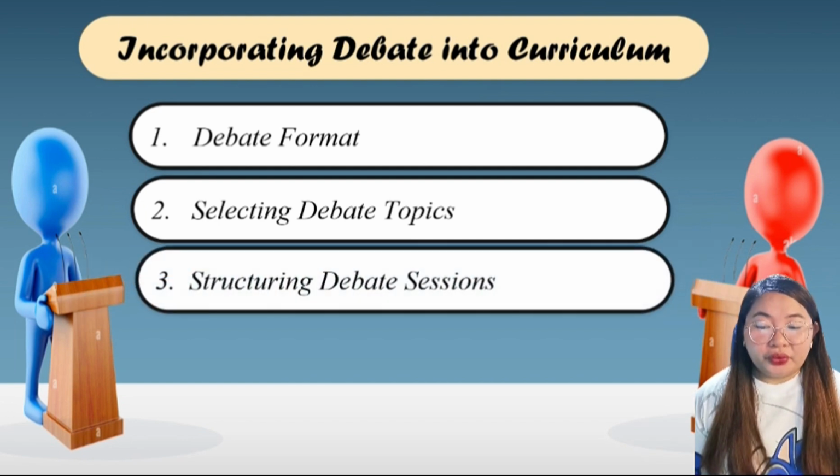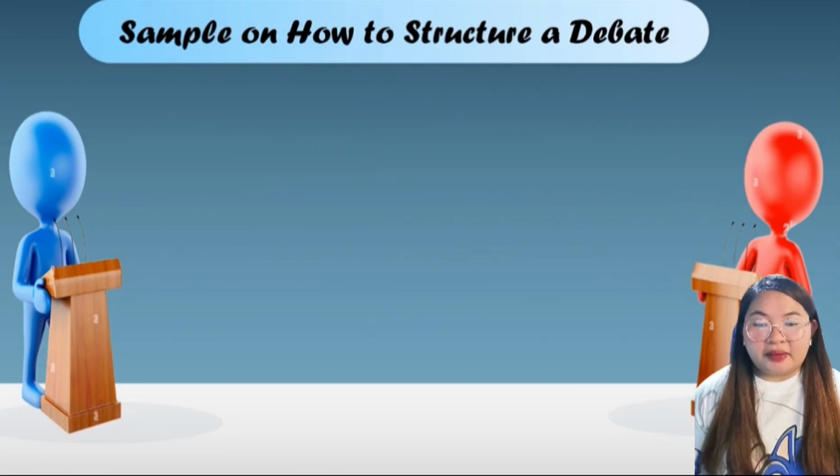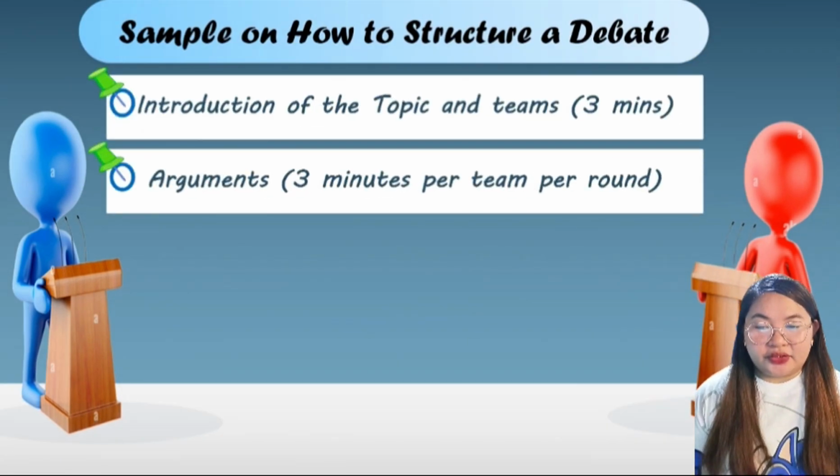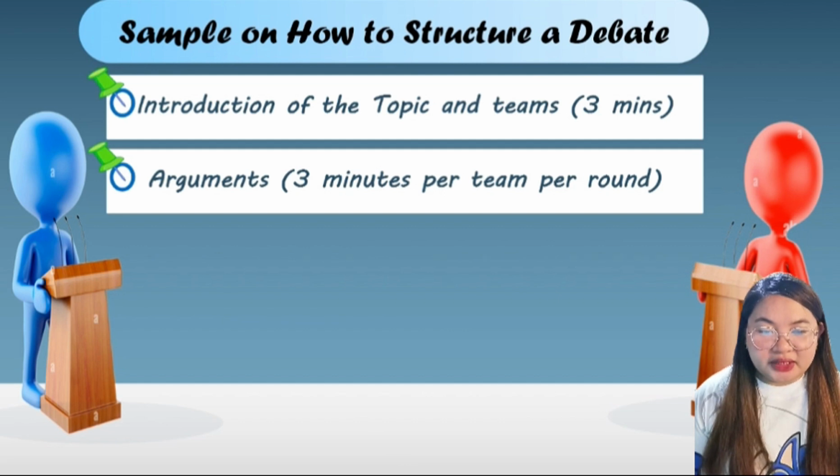Then we also have to know the structure of debate sessions. Why? Because it is important to establish clear rules and time limits for debate sessions to ensure organization and effective coordination among students. Alright, so this is a sample of how to structure a debate. First is an introduction of the topic. Each team will be given 3 minutes to introduce the topic.